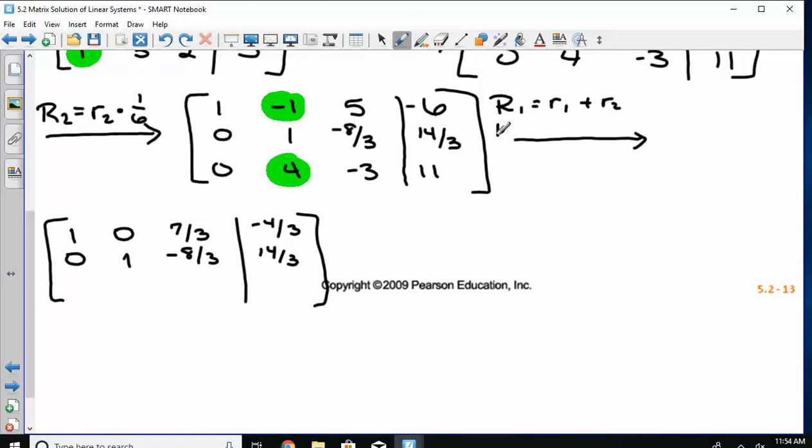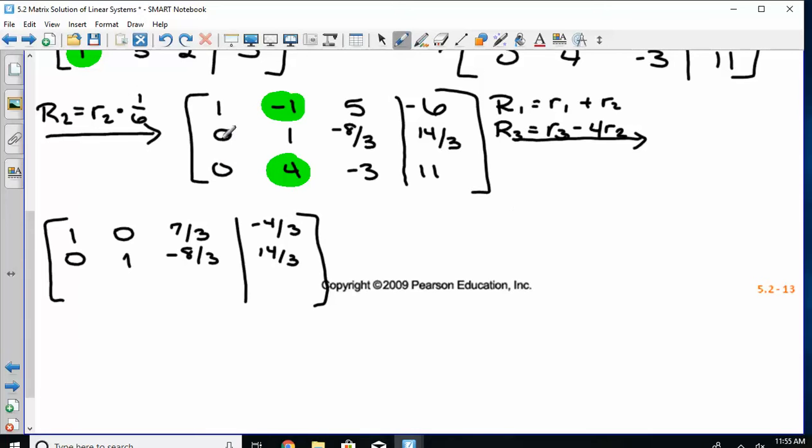Let's do row 3 as well. So row 3 equals row 3. It is a positive 4, so we need to subtract 4 times which row? Row 2, since it has a 1 in that position. Okay.